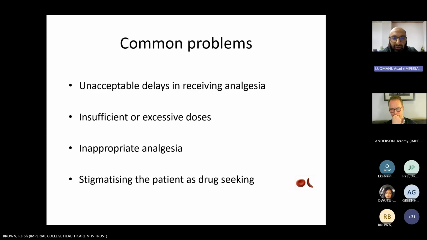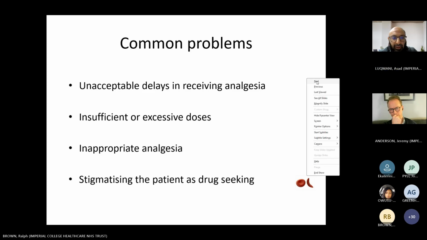They may be given the wrong type of analgesia, and unfortunately, it's not uncommon that patients are stigmatized as being drug seeking when they're seen, particularly in some of the ED departments, where the staff don't have so much experience in seeing and managing patients with sickle cell disease. Next slide.